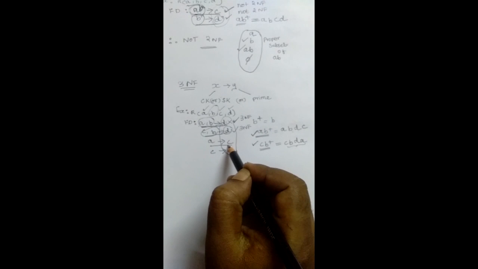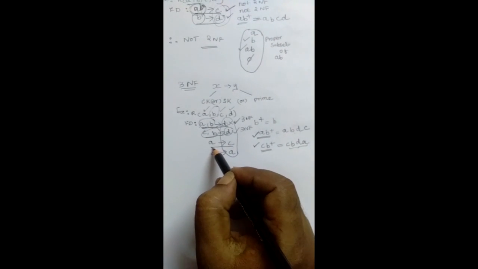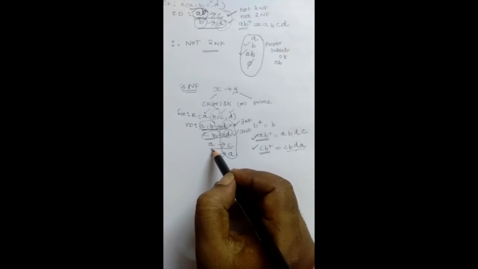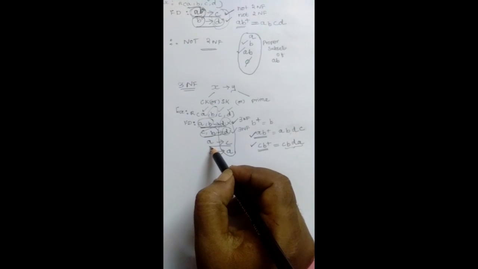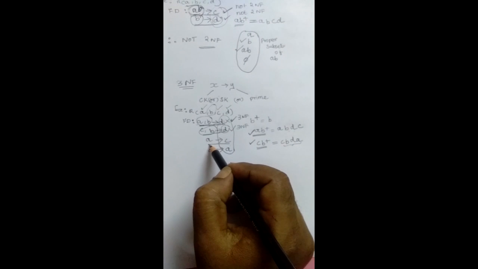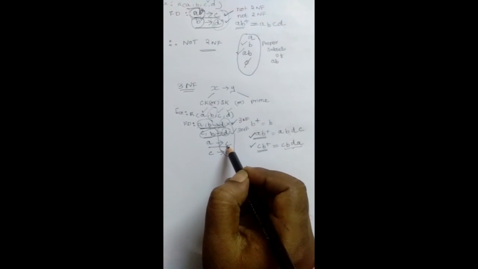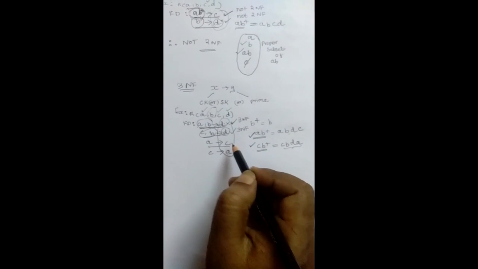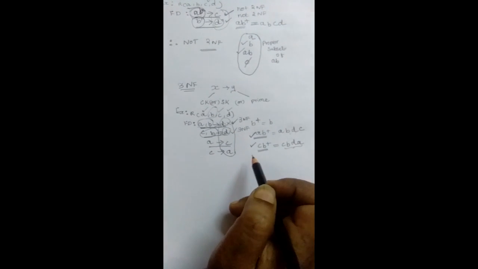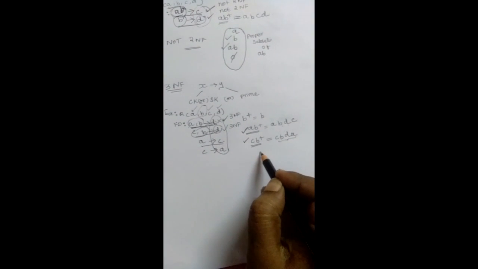When you consider the next functional dependency, A tends to C, here A is not a candidate key. With the help of A alone, we could not obtain all remaining variables. But is C a prime attribute or not?